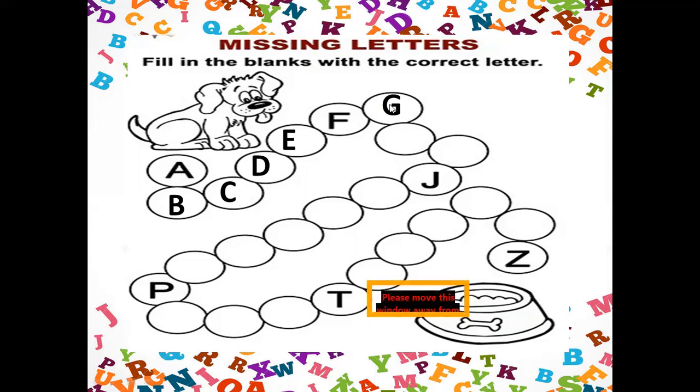Okay. Now again, we have two missing letters. What is the next letter after G? The next letter after G is H. Okay.